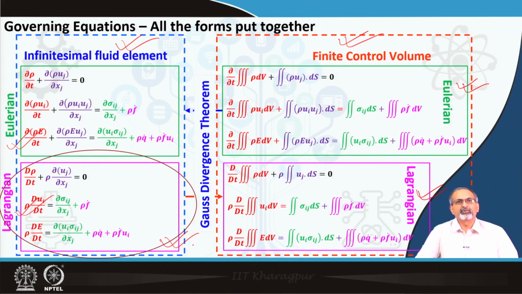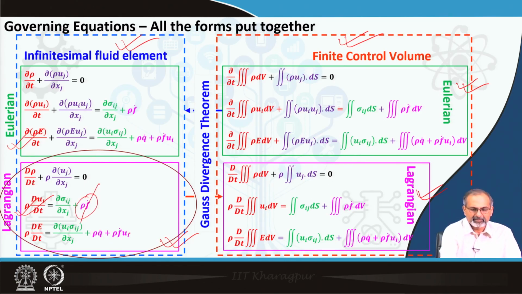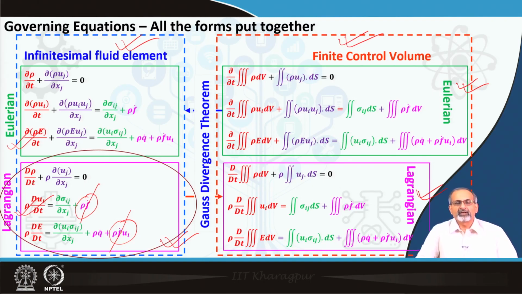It is not possible to proceed with all of the forms together, neither would it make much sense. So, we are just taking this encircled form forward, again keeping in mind that we are going to neglect the body force effects that we see over here and simplify them and write them in certain other slightly different forms as we take them forward.